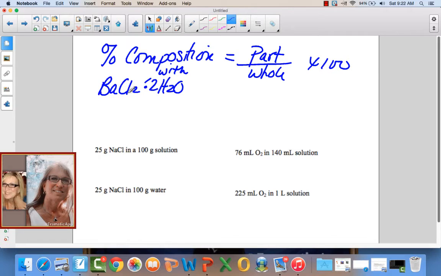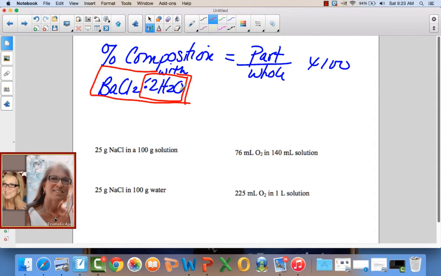So this is barium chloride with 2 water molecules. It's a hydrated crystal. So if I asked you what was the percent of water in the barium chloride dihydrate, you would realize that this is the part, because I said percent of water in the whole thing. This is my whole thing.